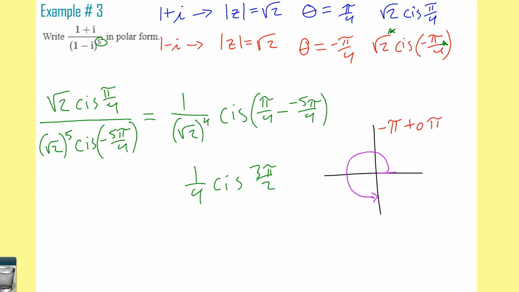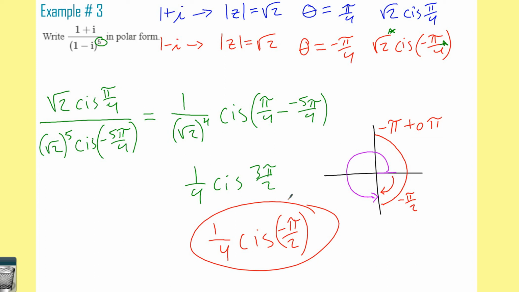So we need to be within this range. So we went too far. Instead of going to the left, let's go this direction and find that. So that's going to be negative pi over 2. So we should put our answer in that form. So really our answer should be 1/4 cis negative pi over 2. Okay?